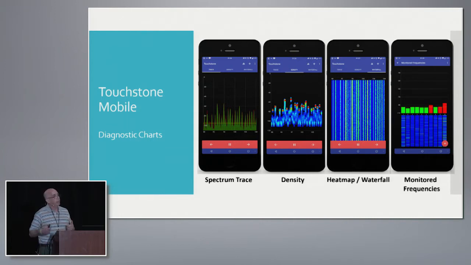And the advantage of using the density chart is that whereas with spectrum trace, you oftentimes don't see anything because the trace is so fast, with the density one, patterns start to emerge that you otherwise wouldn't see. And there's another one called monitored frequencies that's usually used for the Wireless Pro audio crowd.